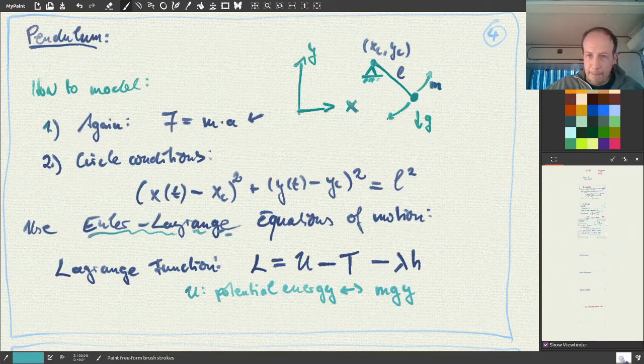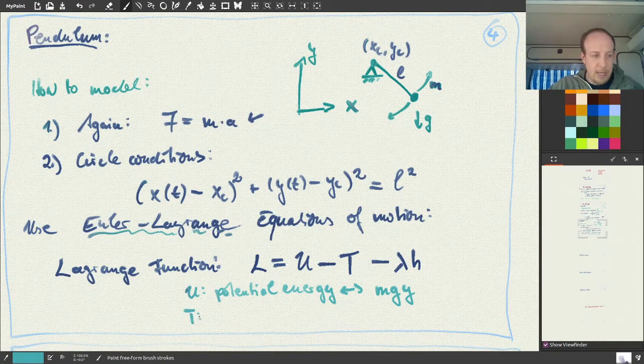So think of the y as how far up we are. If we are high, then the potential energy will be higher. There's the g that defines how much energy is there because of the force that acts on it, and there's the mass. So if there's more mass, then we will have more potential energy.